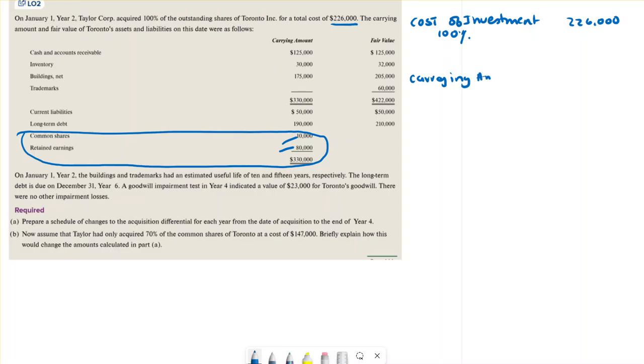The carrying amount of Toronto's net assets equals the carrying amount of their equity. That's what I was trying to show you when I said asset equals liability plus equity. So the carrying amount of shareholders' equity.